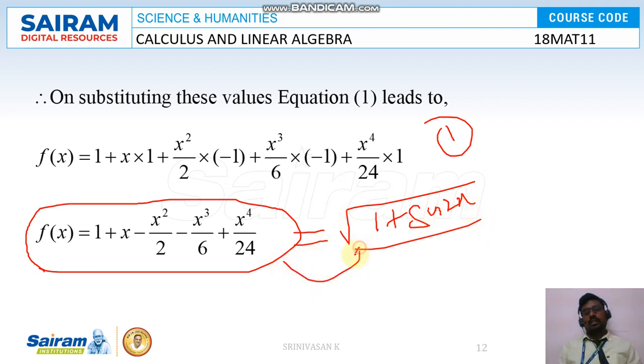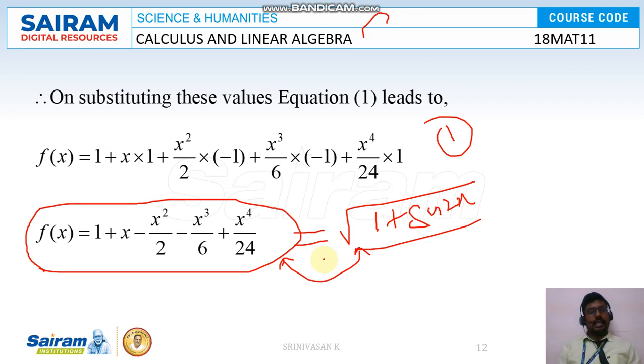Not only this function, for each and every function we can evaluate the expansion by using the Taylor and Maclaurin series. In this video we discussed 3 problems: the expansion of e power sin x, the expansion of e power x into sin x, and the expansion of square root of 1 plus sin 2x.